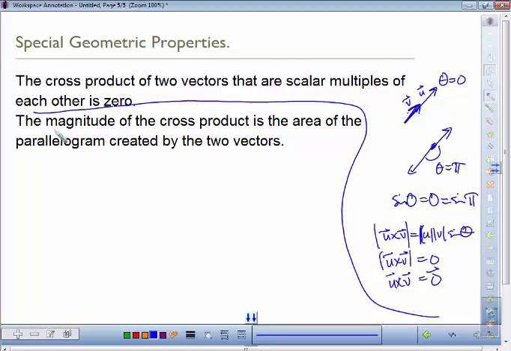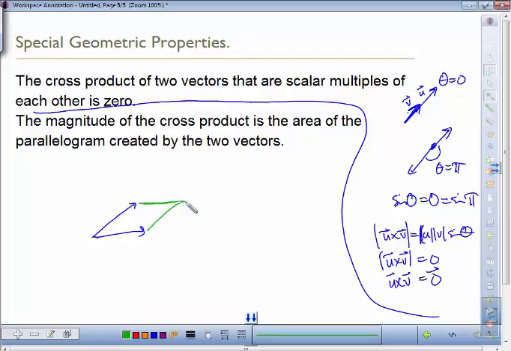The next geometric property is saying that the magnitude of the cross product is the area of the parallelogram created by the two vectors. Now these are three-dimensional vectors that we have. Say we have a couple of vectors in 3D. You can actually look at them from a two-dimensional point of view.